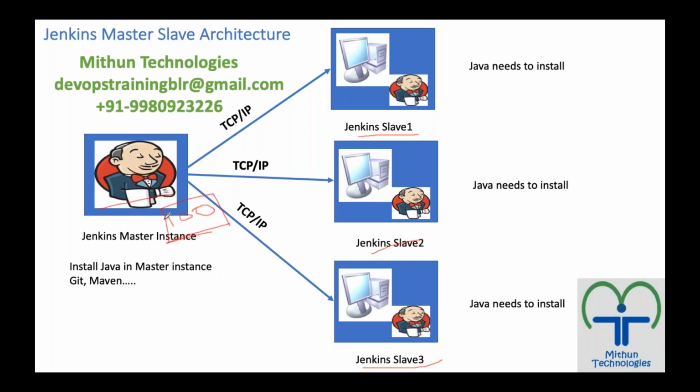So here I'm going to create these slaves, and I'm going to configure some jobs out of 100: maybe 10 jobs here, 30 jobs here, maybe 20 jobs here. So on what basis are we going to decide the number of jobs to configure here? It depends on the server resources.